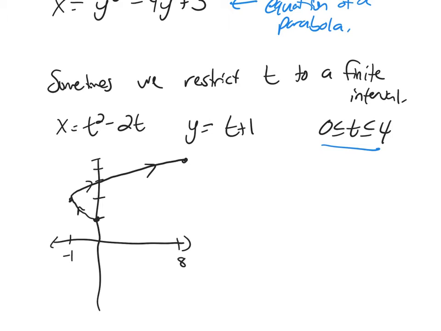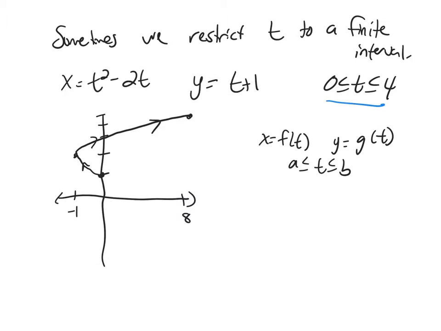So in general, if you have your parametric equations and you have a finite interval, if you plug in the start of that interval, a, into your functions, we're going to call this point the initial point.